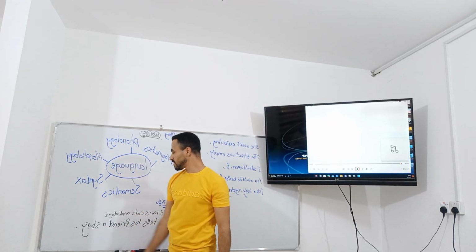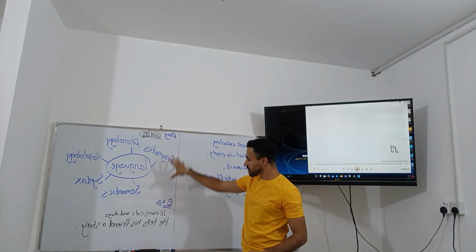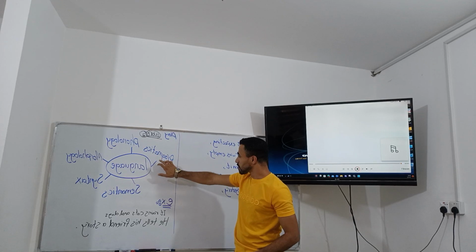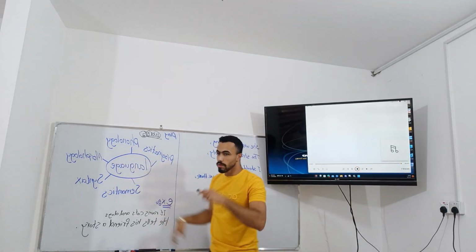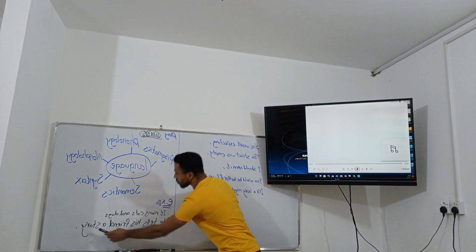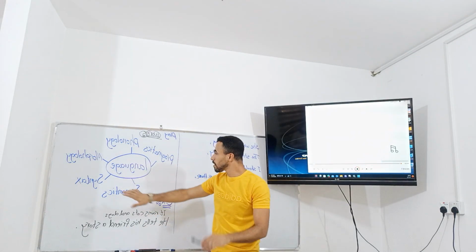A story. Now, let us apply these branches on this example. First of all, phonology. When I pronounce this word, pronunciation, he tells his friend a story. This is what? Phonology. Okay?